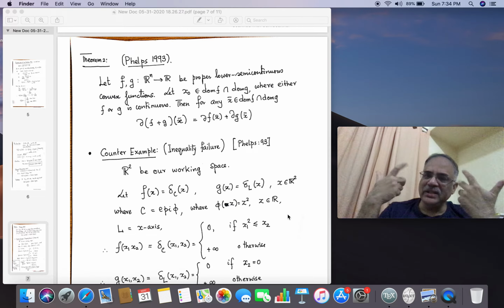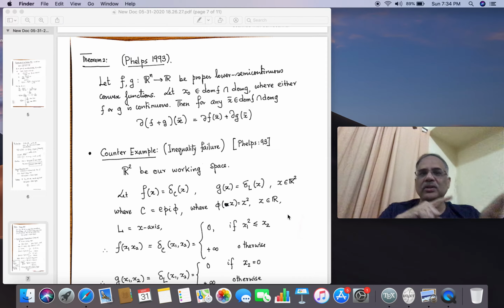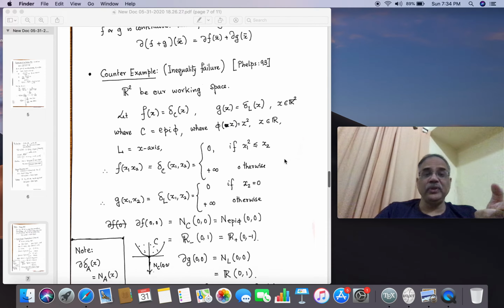And if x naught is some element in the intersection of the domains of f and g, then if either f or g is continuous there, then for any x bar in dom f intersection dom g, we will have that addition law true. But this inequality could fail.